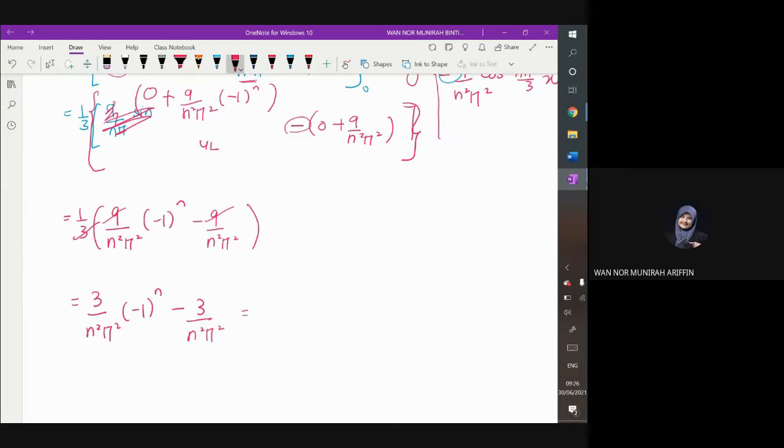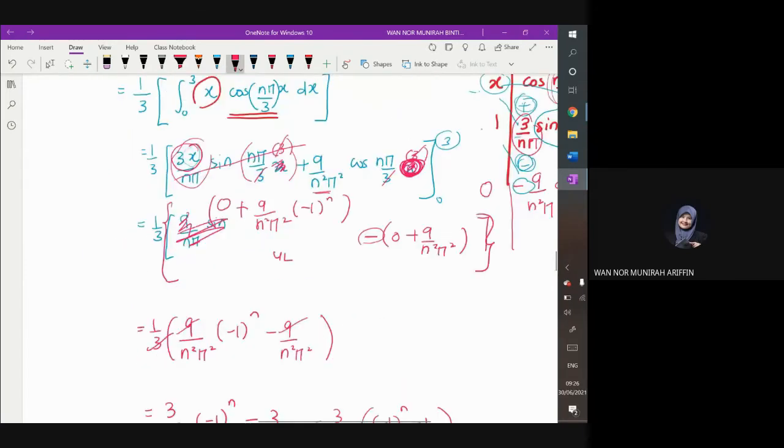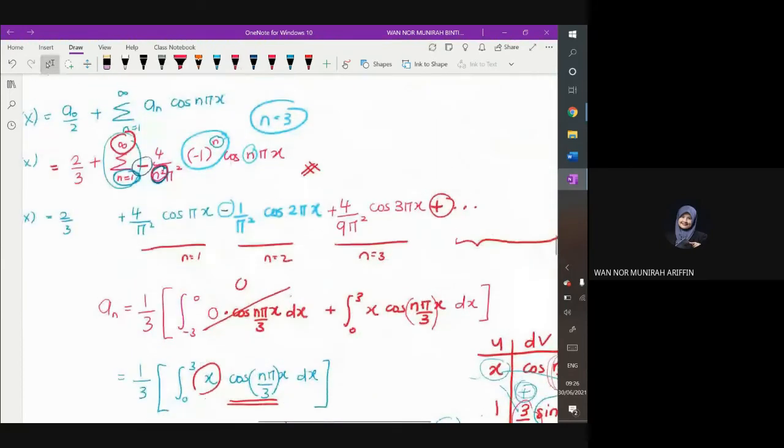If I simplify this, I will get 3 over n square pi square, negative 1 to the n minus 1. So this is my an: 3 over n square pi square, negative 1 to the n minus 1.